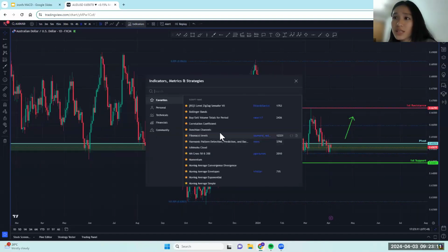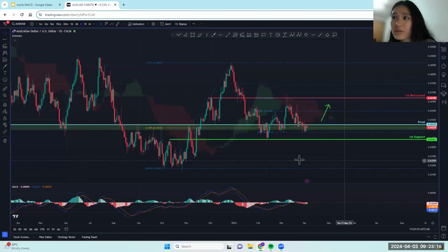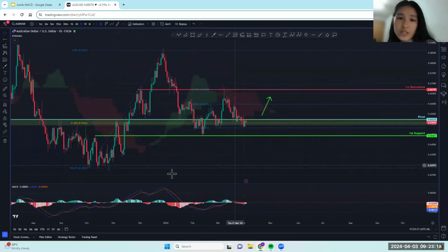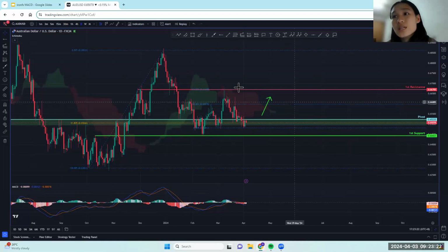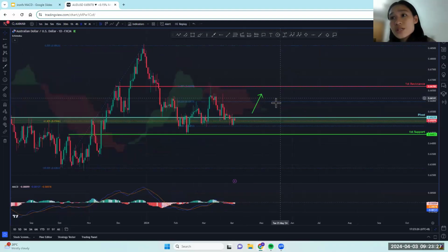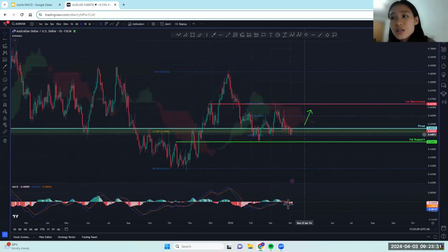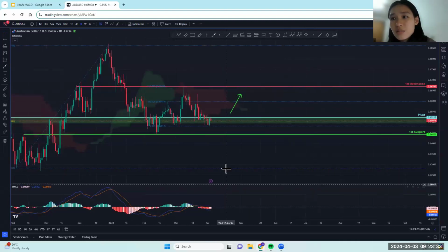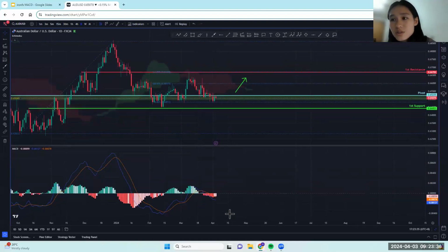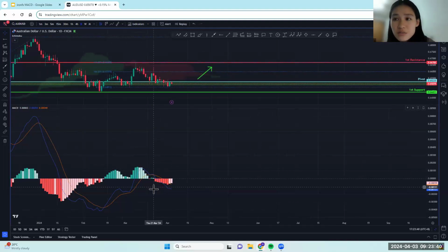Now let's look at some indicators. I like to start off with MACD and Ichimoku because at one glance you can see exactly what the signals are. Here you can see that price is moving below my Ichimoku cloud, giving us a bearish signal, and on my MACD, the MACD line, the blue line, is crossing below our signal line, the orange line.